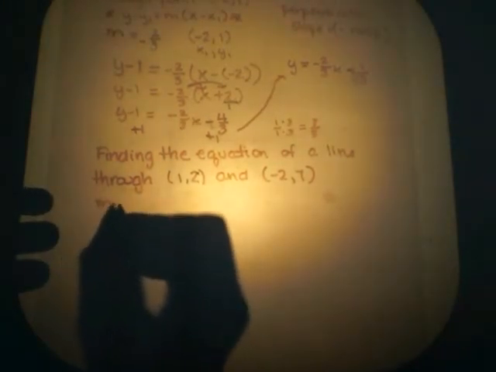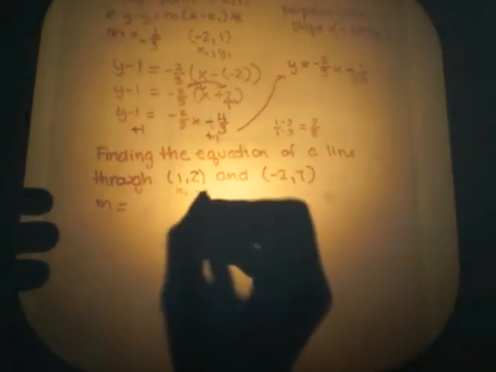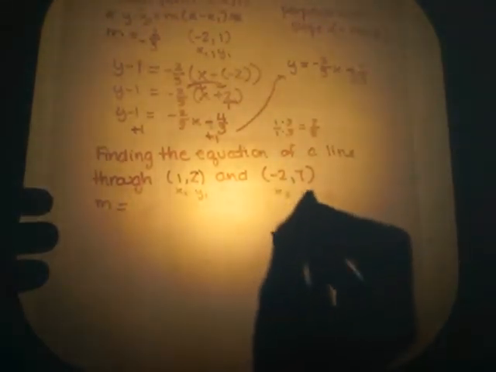So the second piece is finding the equation of a line through 2 points. So now we're not doing perpendicular, but we haven't been given any slope. So we have 2 points. We can find our slope. Again, this is x1, y1, x2, y2.